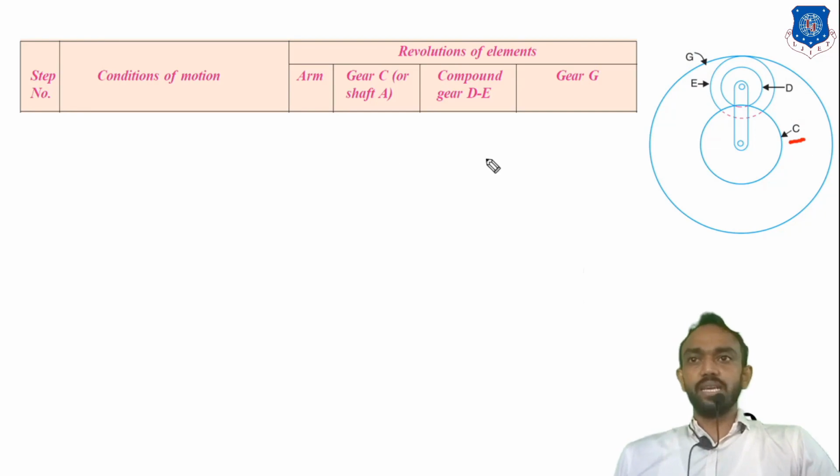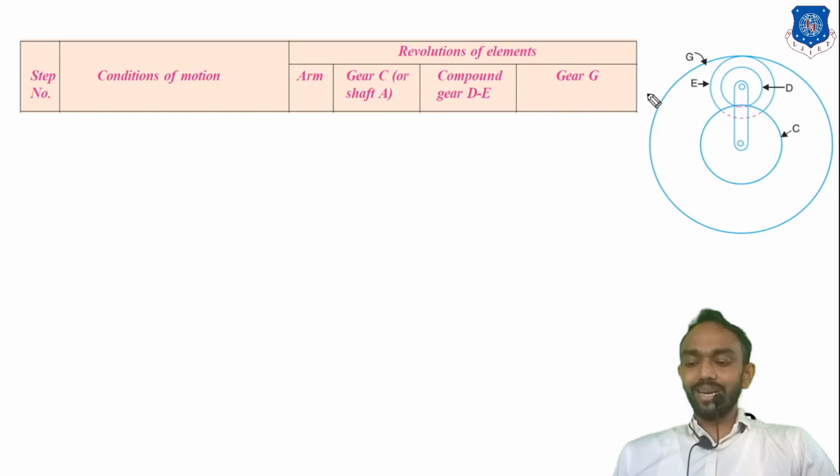We consider C. So there is C, and RPM for C is equal to +1, and for the arm the RPM is 0. C is connected to D. You can see here C is connected to D. So what will be the RPM of D? You know that it is driver upon driven. So driver is C and driven is D. So here will be TC upon TD.